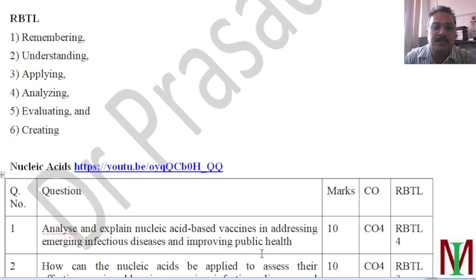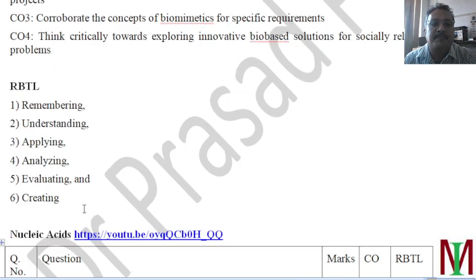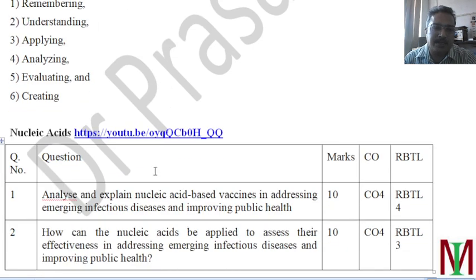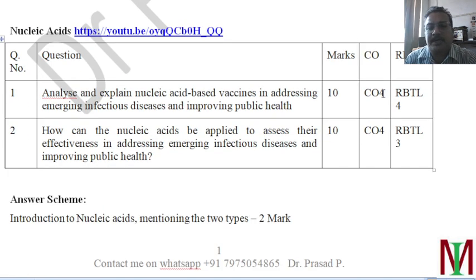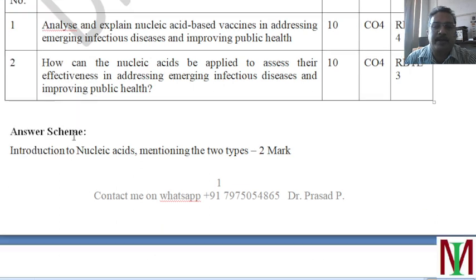So these are the socially relevant problems, the new diseases, new issues coming. All these pandemics are socially relevant problems, and we have to think critically towards that. So I connected it to CO4. Both questions are given, level 4 and level 3.